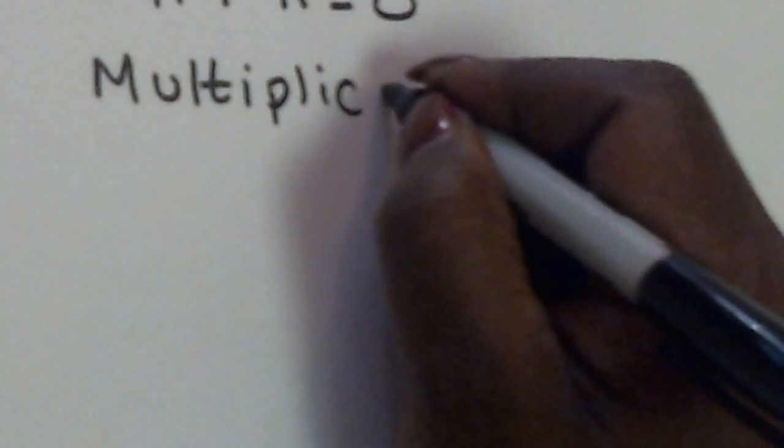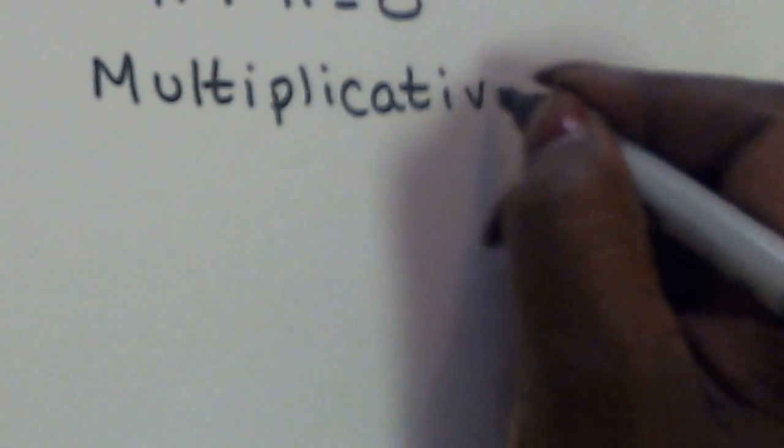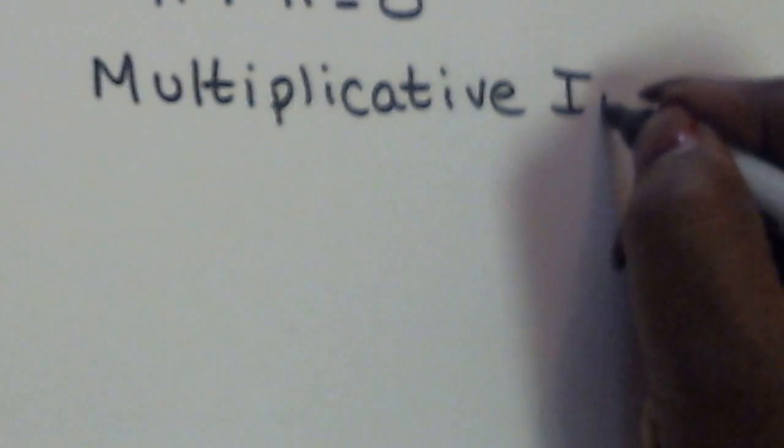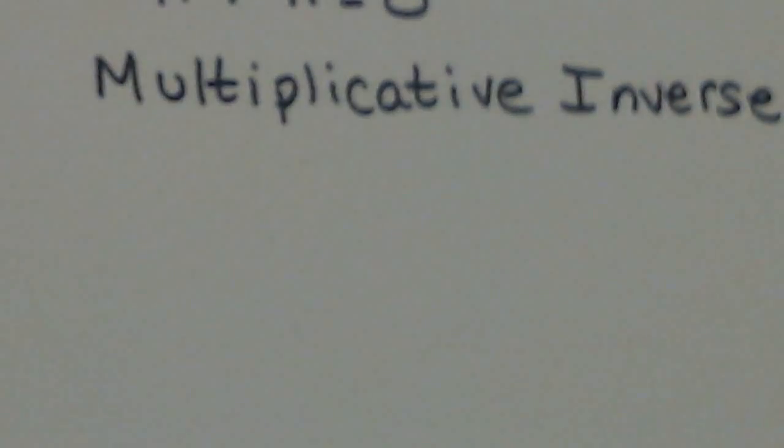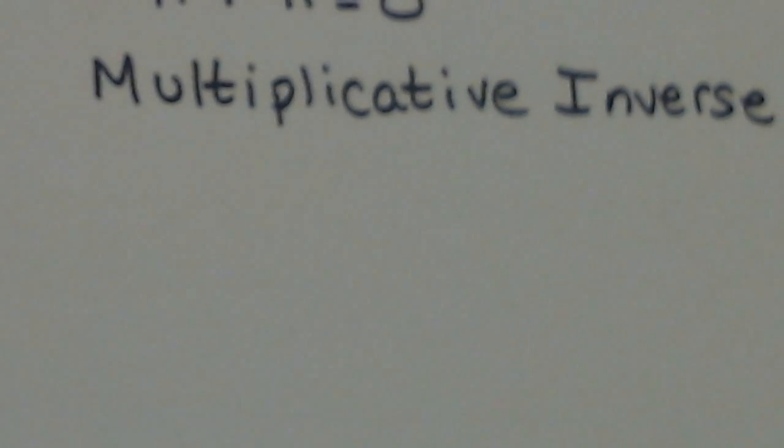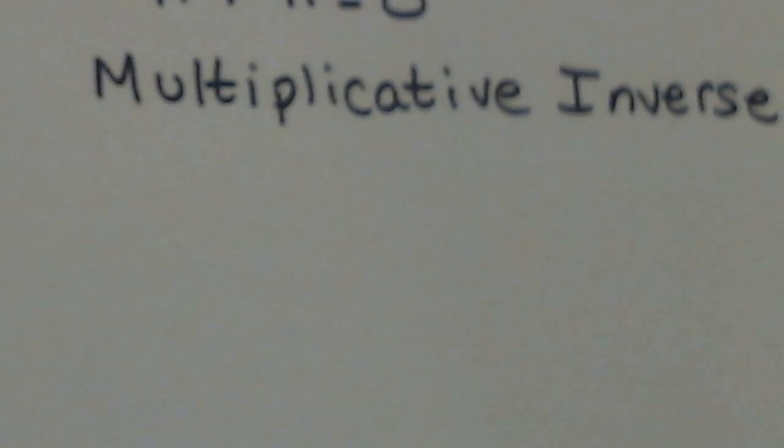The next property is the multiplicative inverse. The multiplicative inverse says the value that will bring the number to 1.